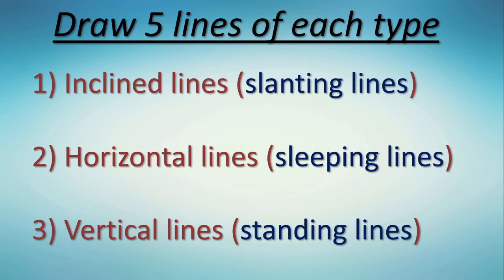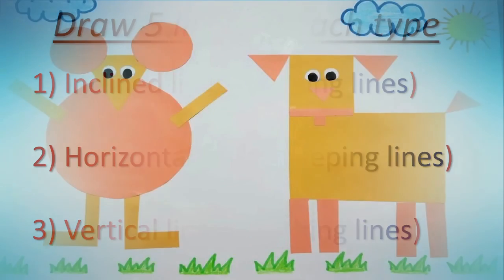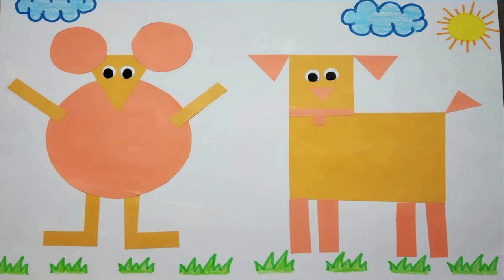Okay, thank you. Now see here. Here these two pictures for you. First one is mouse and second one is dog. Correct? Here also you can see geometrical figures. Which are they? They are circle, triangle and quadrilateral.